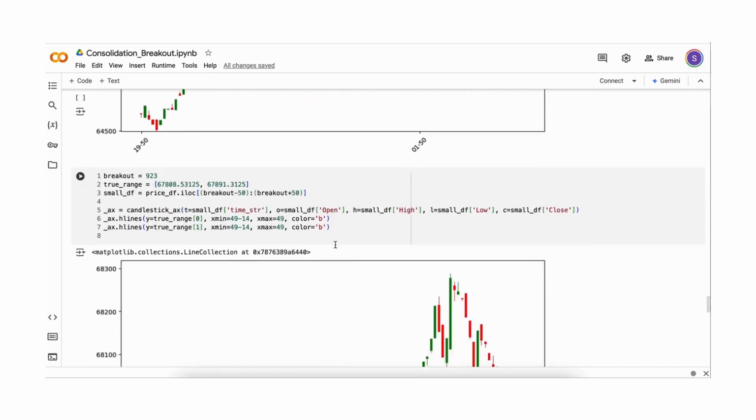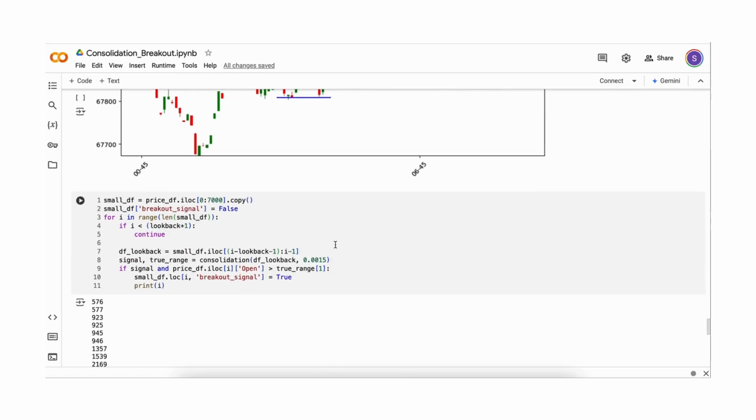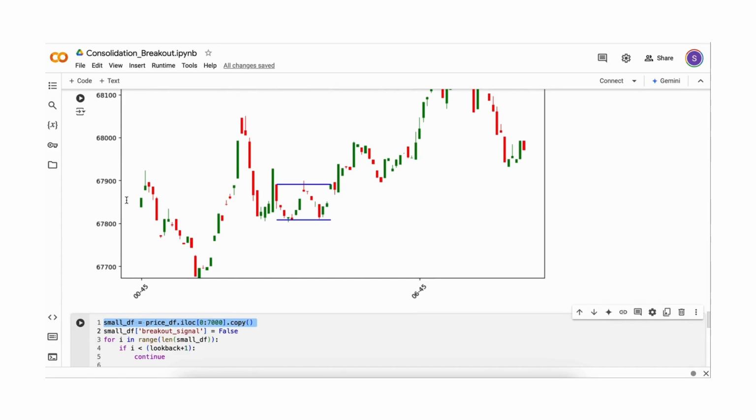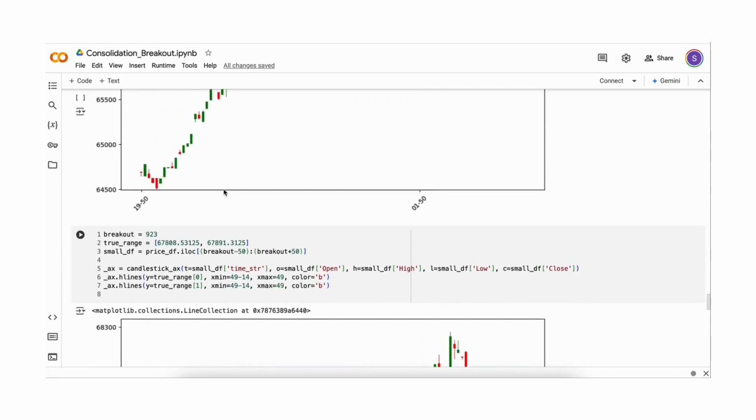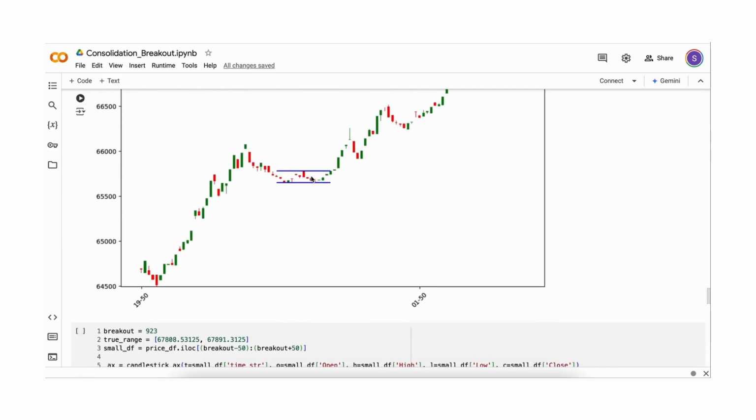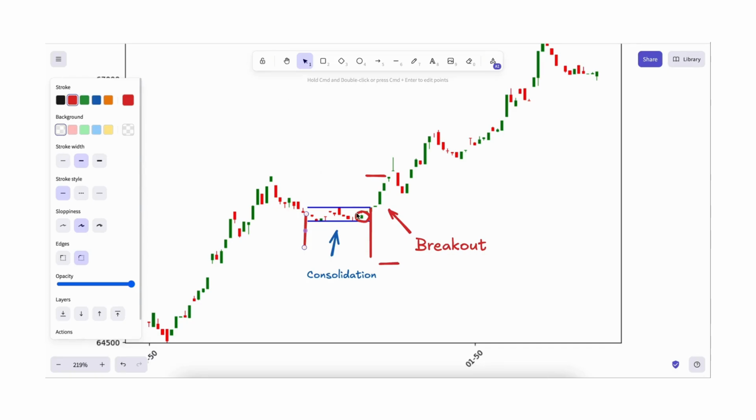So now that we've done this, we're taking the first 7,000 data points here, and we are now going to test our strategy. Our strategy is extremely simple. It's so simple that you would think that it may not work. The strategy simply says, if you identify a breakout, you go and take a long position.